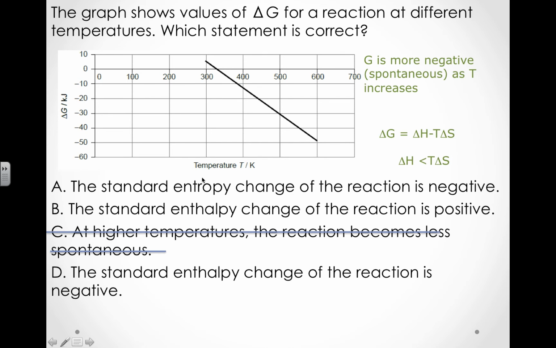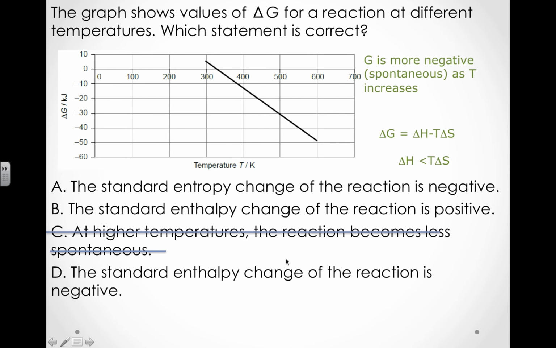Well, if that's positive and our entropy change is positive, as temperature increases, then this gets larger than delta H. Also, when I look at my graph, I see that at lower temperatures, this is non-spontaneous. So there's some evidence that B could be correct.